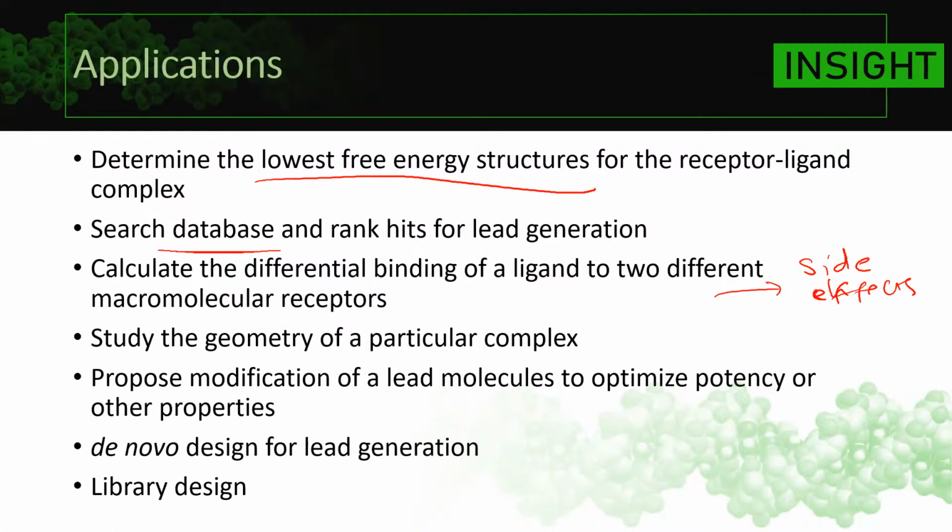That means the molecule is able to interact with more than one specified target. It may interact with other important proteins in our body, and that might cause some of the side effects. So if you want to study the role of these molecules in potential side effects, you can use molecular docking to investigate these interactions, to identify what other molecules from the human proteome this molecule will be able to interact with favorably. That will give you a chance of identifying potential problems in the molecule that you have designed as a drug, just as an example.